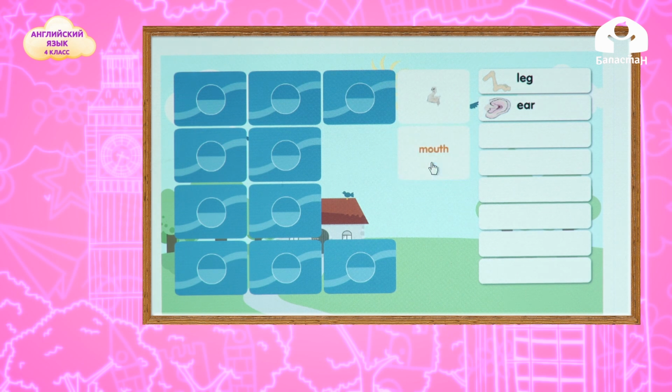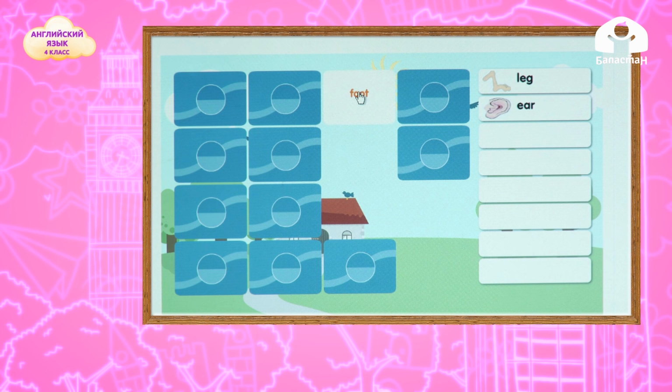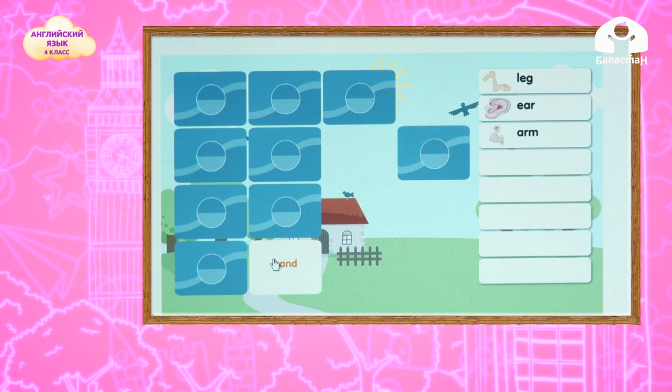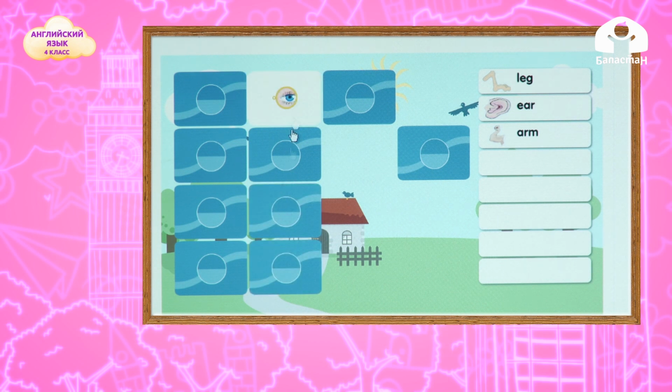Arm, mouth, foot, eye, arm, foot, arm. Yes, we find it. Hand, eye. Yes.